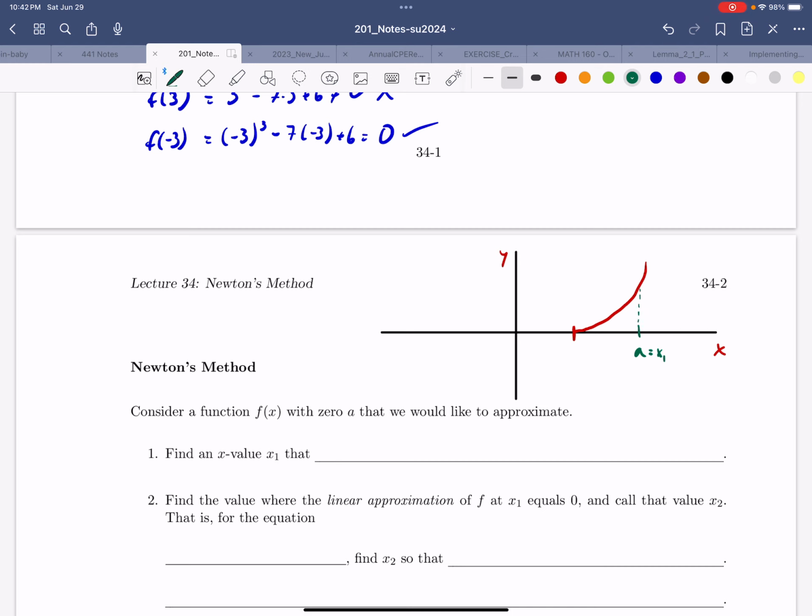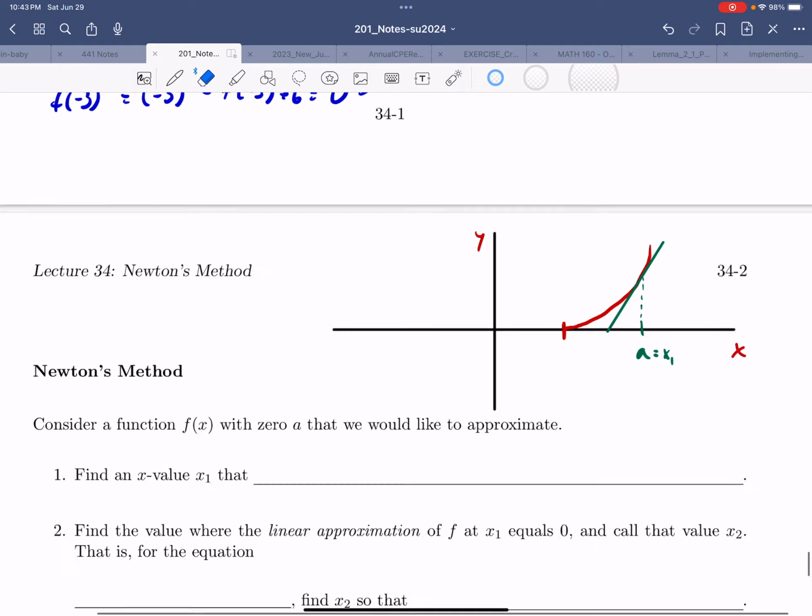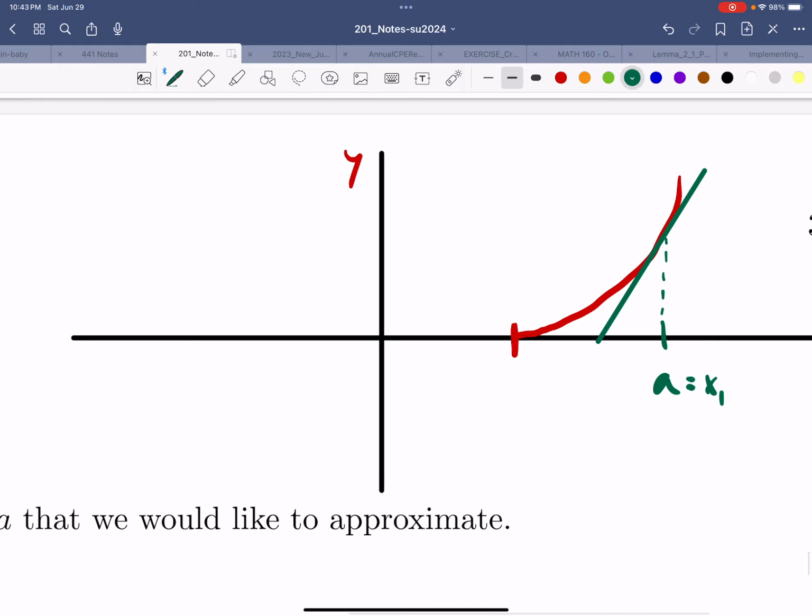So we look and we see there's the curve, and there's our tangent line. Now, the idea is we don't know exactly where the curve equals 0, but we do know where this tangent line equals 0. That should be a pretty nice value. We'll call that x2.